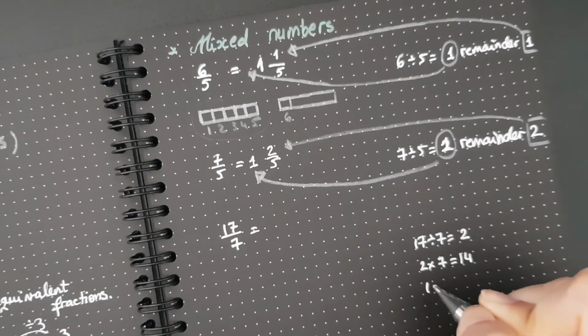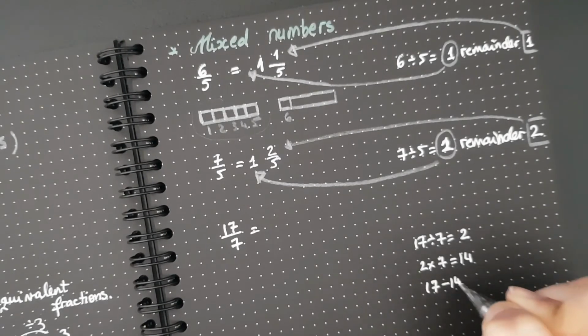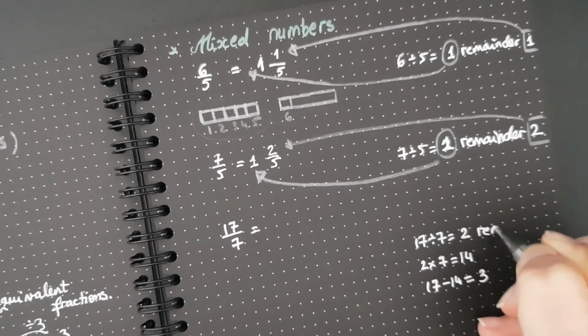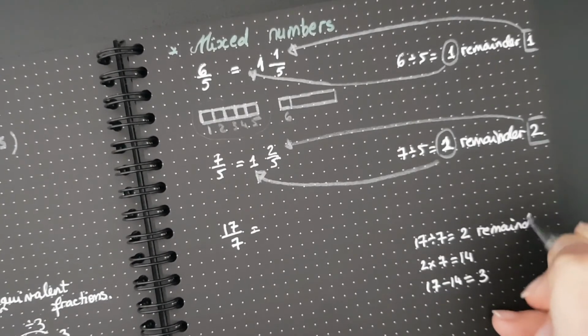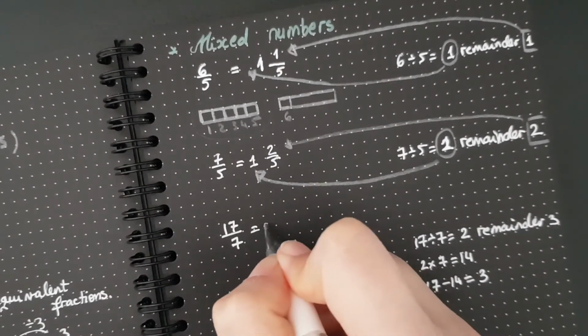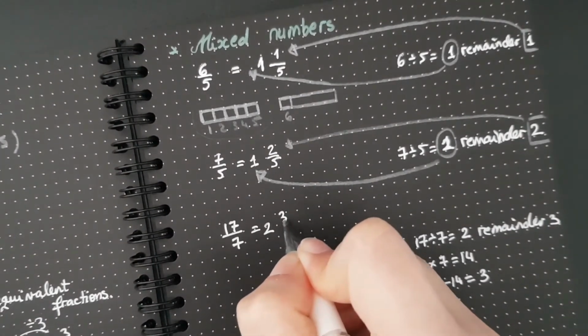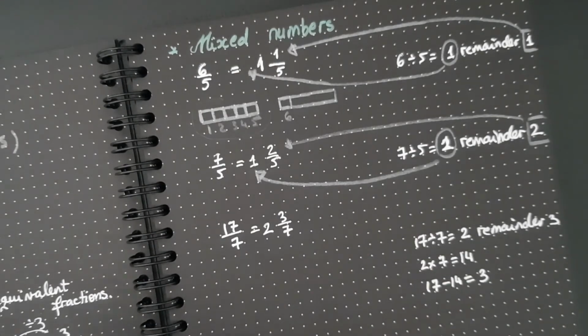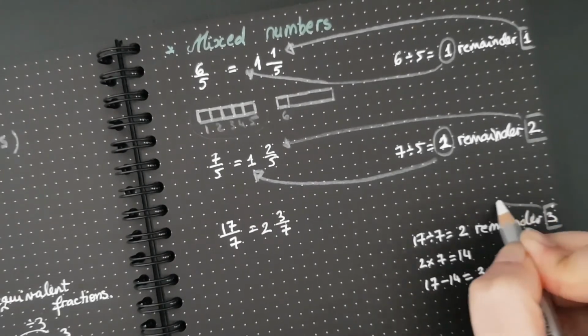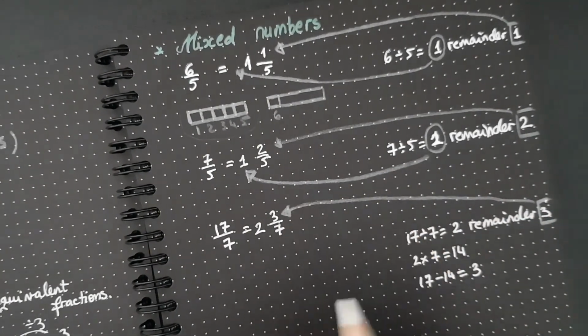What I'm doing next is 17 take away 14, and that gives me 3. So this is the remainder. Great, so now I follow the same idea. I've got 2 wholes and 3/7. That's the whole idea of mixed numbers.